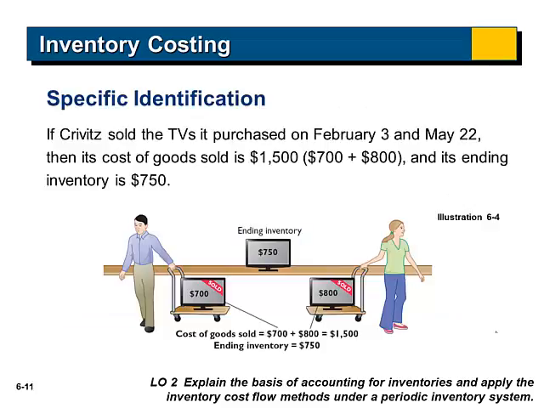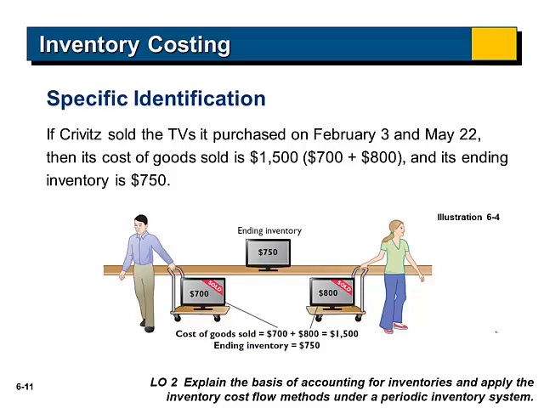Okay, so the first method, the specific identification method, is the one that's the most logical, but it's actually the least used. Under the specific identification method, if Crivets sold the TVs that it purchased on February 3rd and May 22nd, then its cost of goods sold is $1,500, the $700 February TV and the $800 May TV.